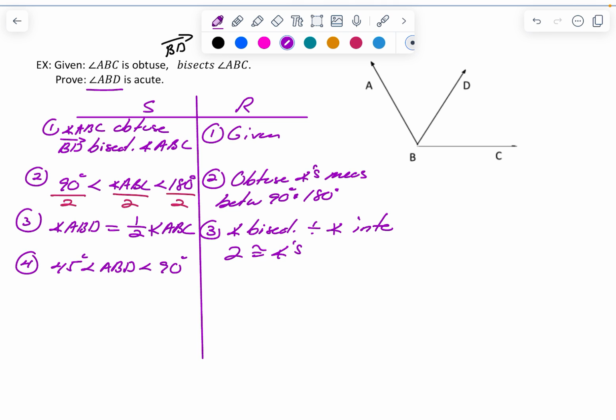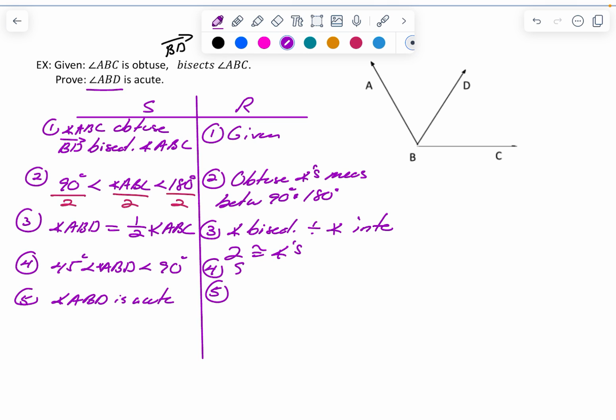Well, if ABD is in between 45 and 90 degrees, that means that angle ABD is acute then. I didn't put a reason for 4.